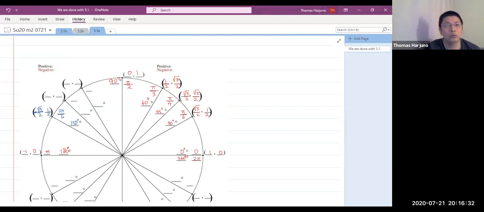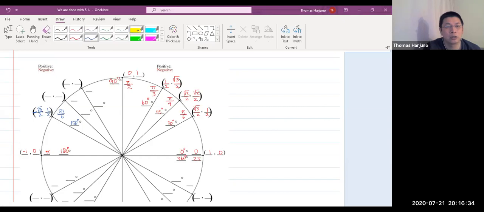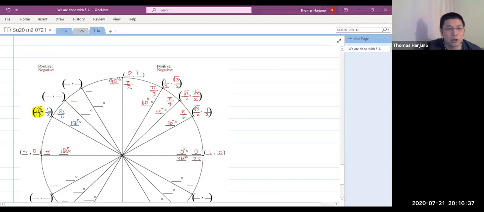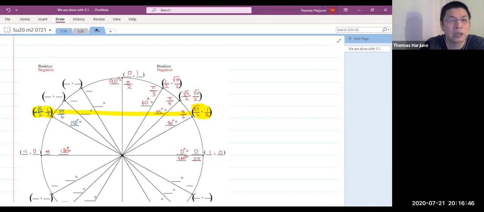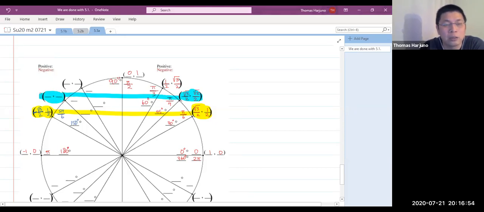So I want you to compare this guy with that guy. They're opposite. Now you will see this guy here corresponds to the guy there: the same y, but opposite x. Negative radical 2 over 2, and the y stays the same, because it's the same height.